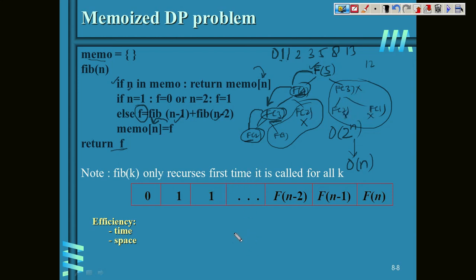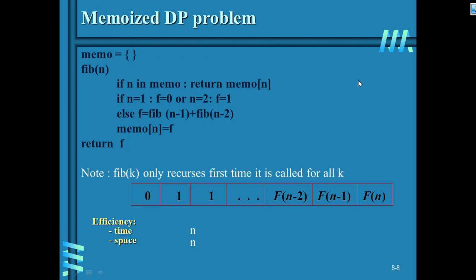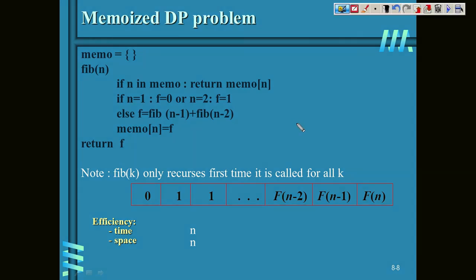So we have realized that from 2 power n we are able to reduce to big O of n, which is a very big achievement, a huge reduction in the running time. In terms of efficiency, the time will be linear, big O of n, and the space will be the same. So the time is n and the space is n. We have got a huge advantage in running time, from exponential to linear.